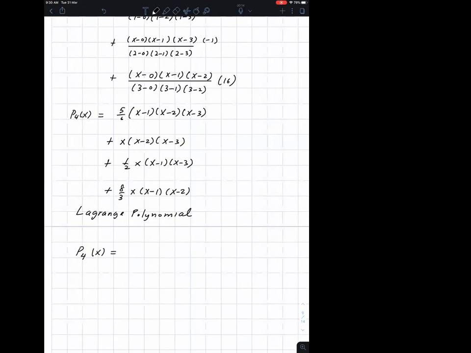If you multiply them, you can bring this into power form.